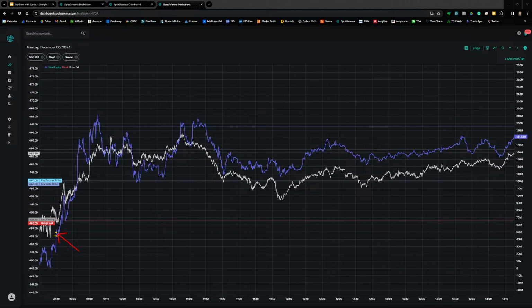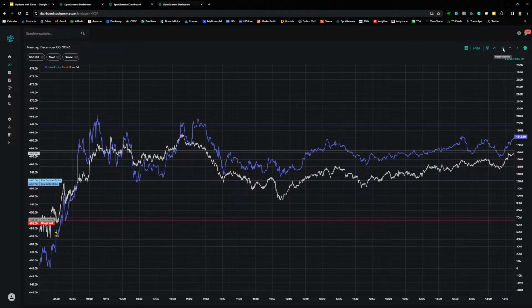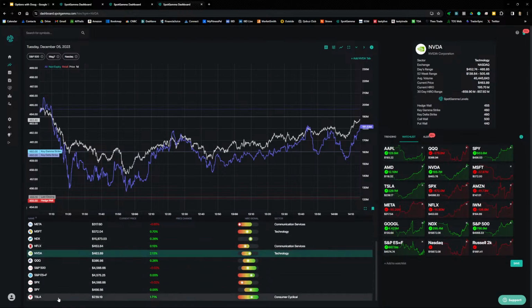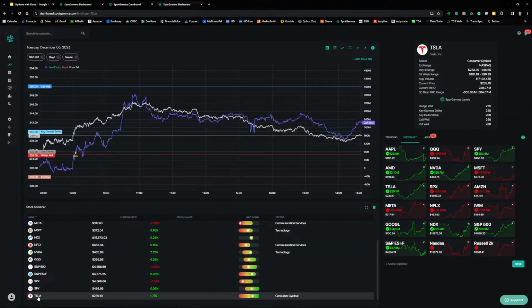Again, very timely. If you got in around that area, that was a great long. Let's take a look at Tesla now. So a strong day in Tesla as well.